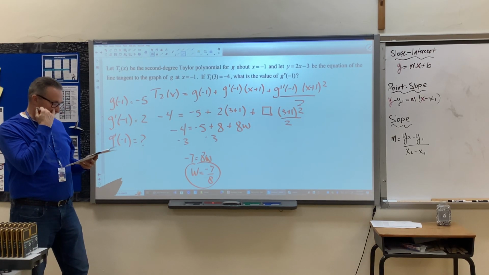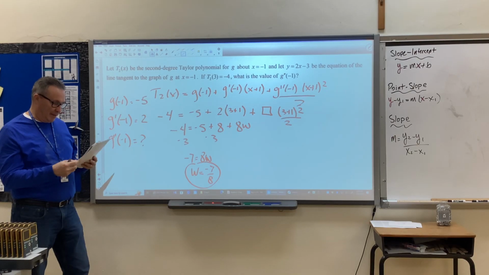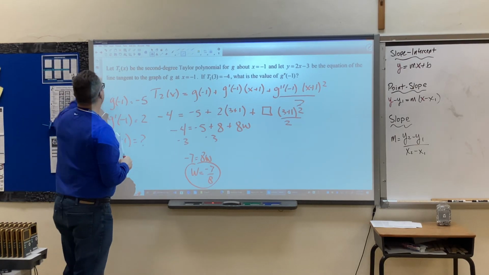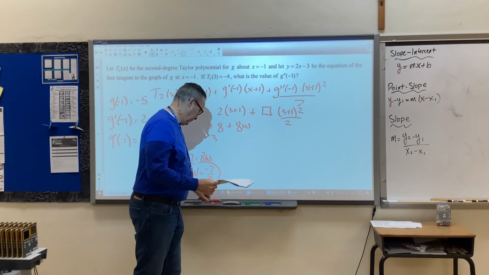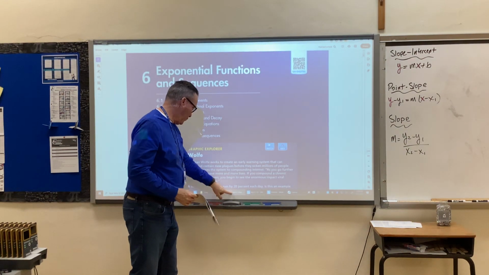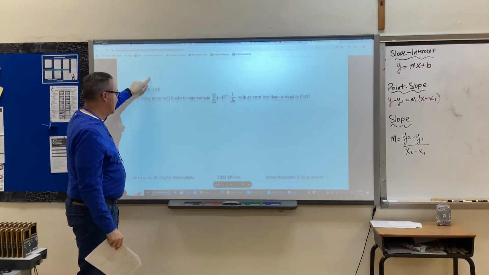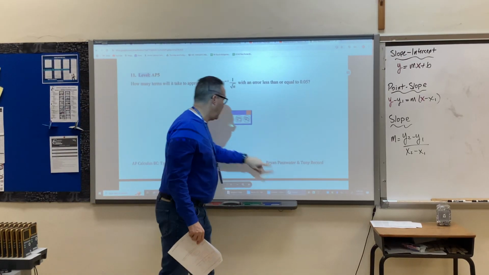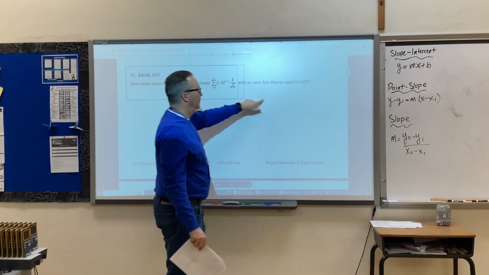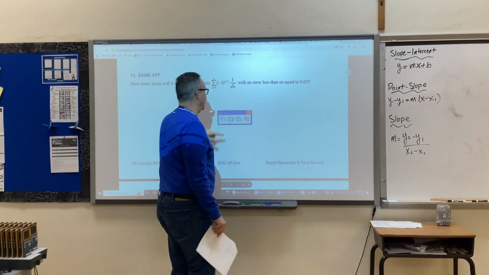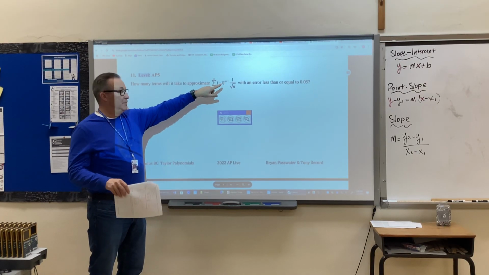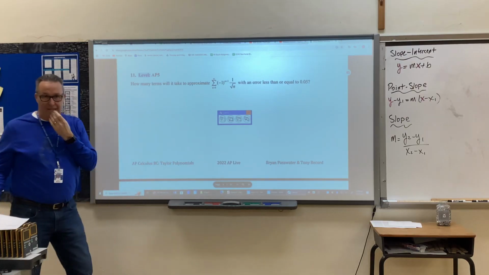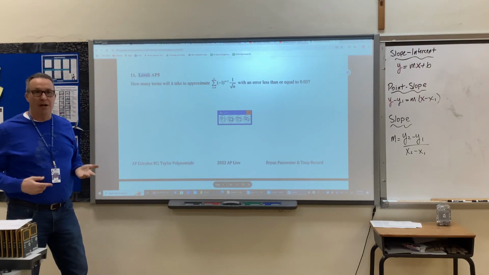Okay, so here's one. How many terms will it take to approximate that with an error less than 0.05? We talked about this one the other day, right? Because the error on an alternating series is going to be less than the first unused term.